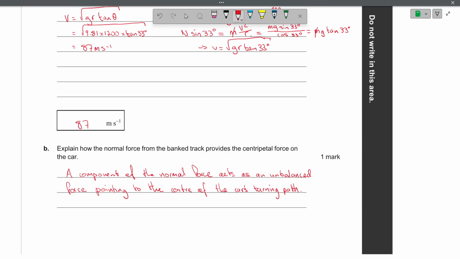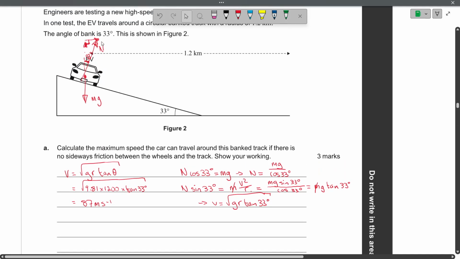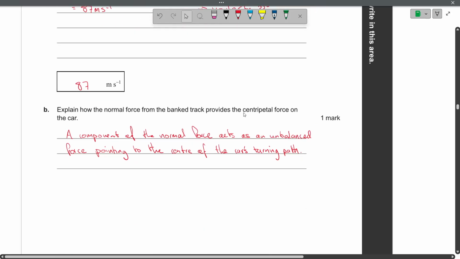That should tell the examiner you know what you're talking about, because like I said, in order to derive this equation, we have to understand that it's this component of the normal force that is providing that centripetal force, causing it to turn, basically.